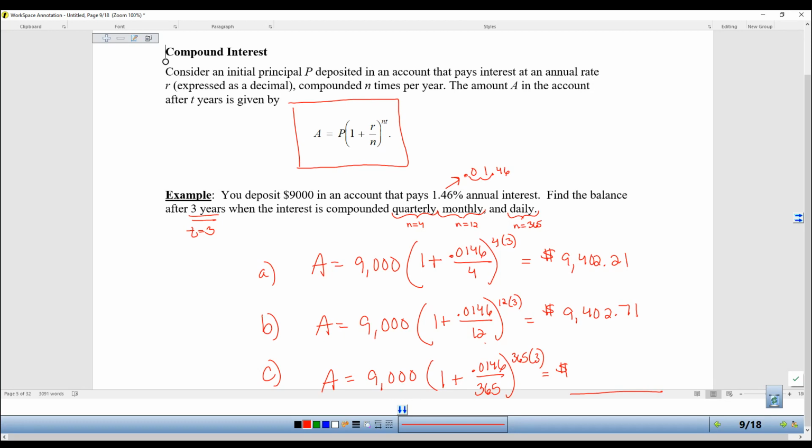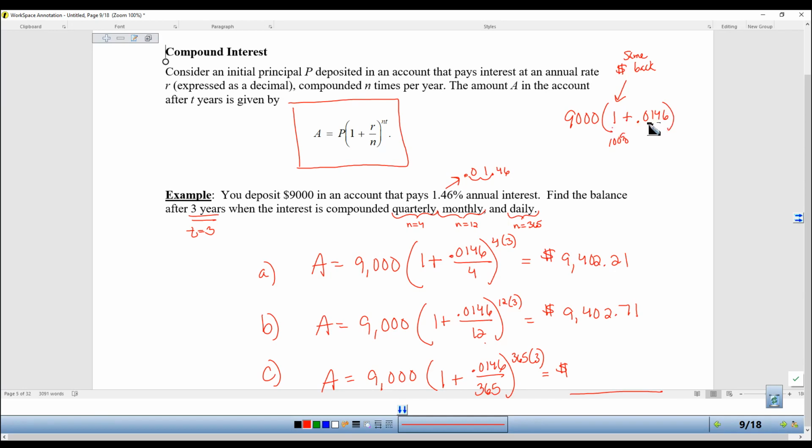So if you went to the bank and they just took your money and they gave you the interest at the end of the year, the reason the 1 is there is that's because you want to get your same money back. So you're getting 100% of your money back, plus you're getting your interest, which in this case is 0.0146.